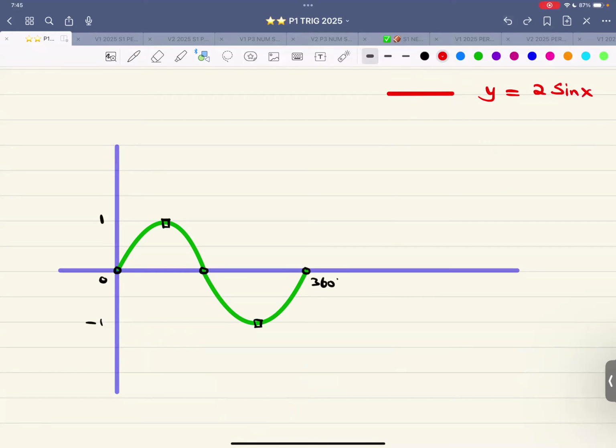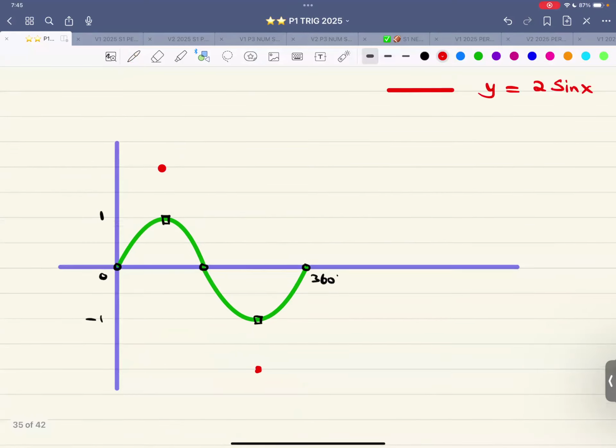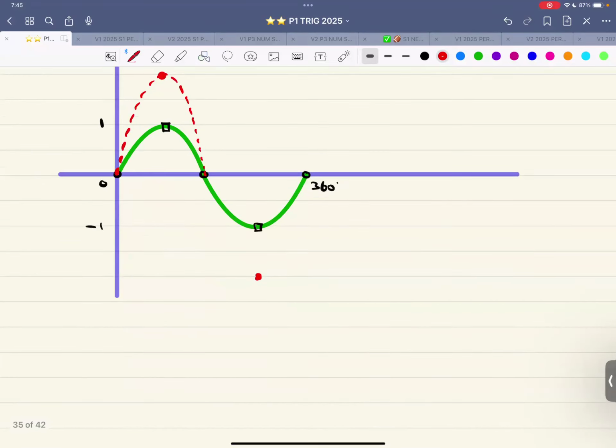This negative 1, let me just put a dot over here. The negative 1 will be marked as negative 2. And let me draw it like this. Something like this. No, that looks very weird. So let me just draw it dotted like this. Something like this.